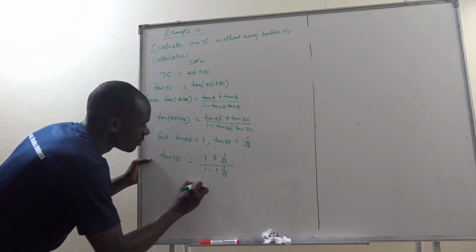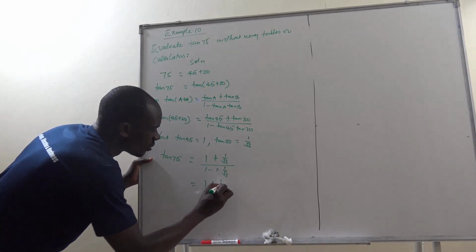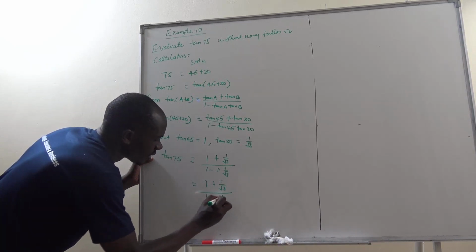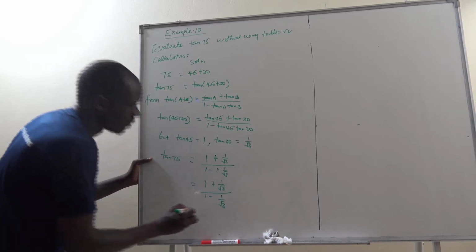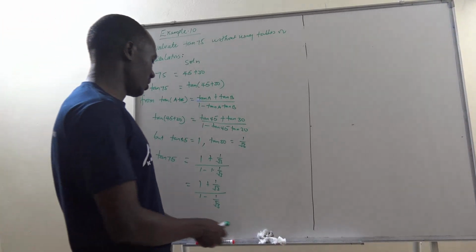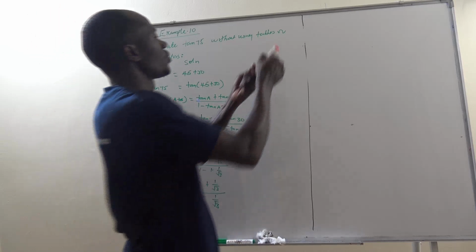We go, this is the same as 1 plus 1 over root 3 all over 1 minus 1 over root 3. Can we find the LCM both on the denominator and on the numerator? So the LCM is root 3.